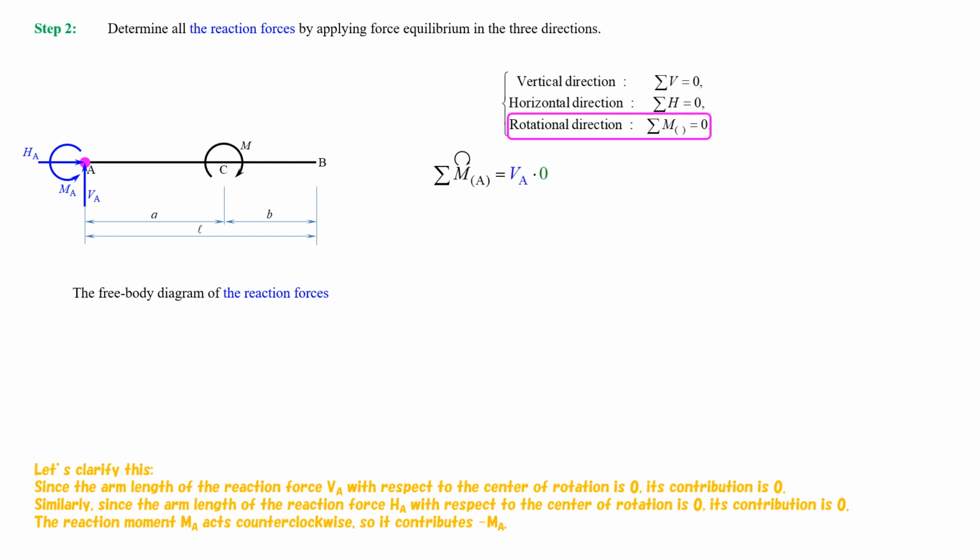Similarly, since the arm length of the reaction force HA, with respect to the center of rotation, is 0, its contribution is 0. The reaction moment Ma acts counterclockwise, so it contributes minus Ma.